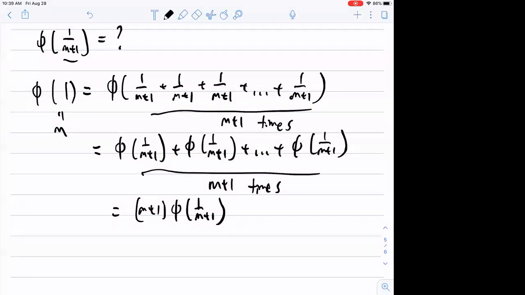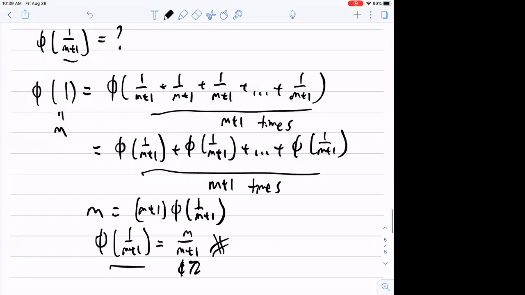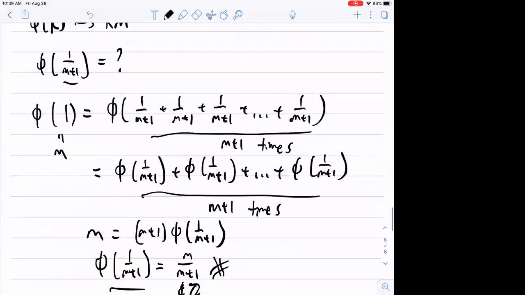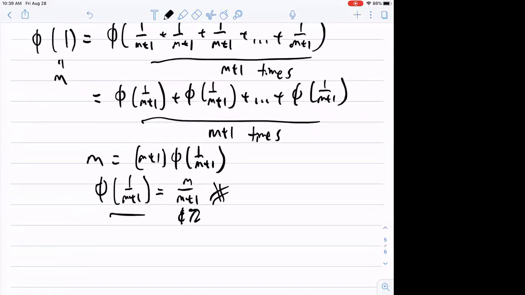Dividing by m plus 1, phi of 1 over m plus 1 has to be m over m plus 1. And this is a contradiction, because this thing is not an integer. So whatever you choose to map 1 to, this element will not map to an integer. And that's a problem because phi must map rational numbers to integers, and it can't do that.